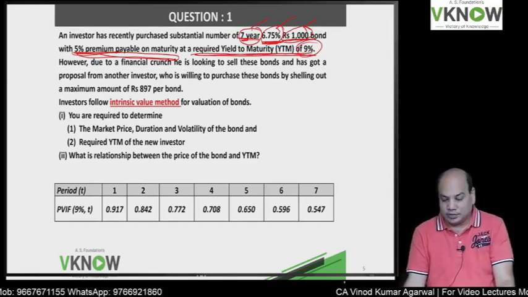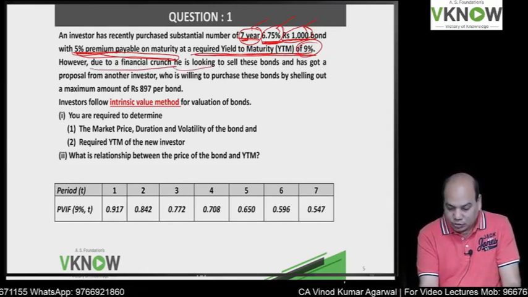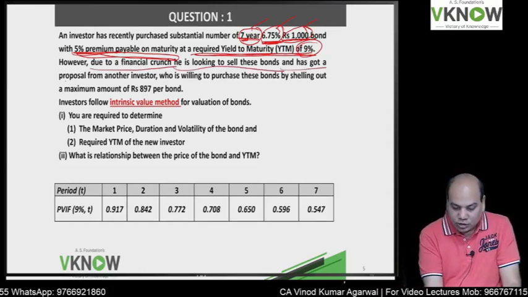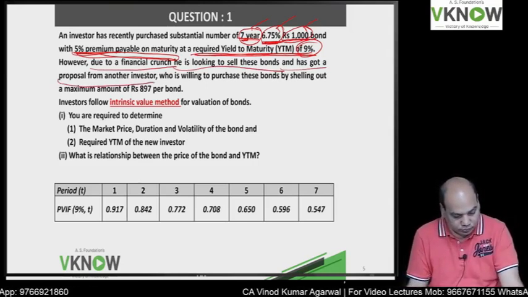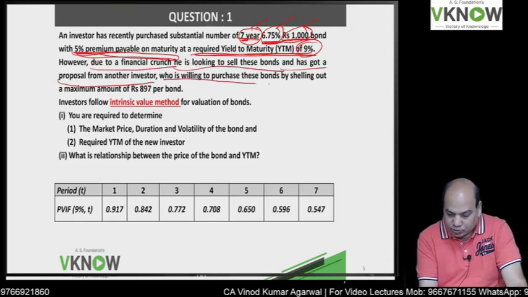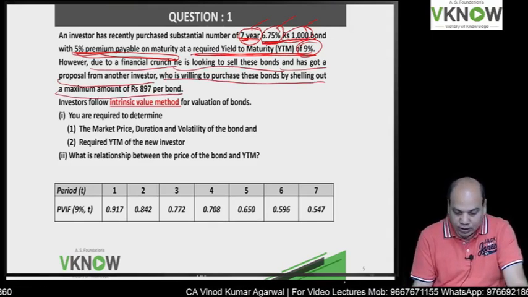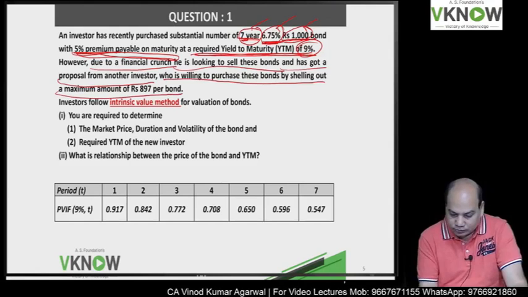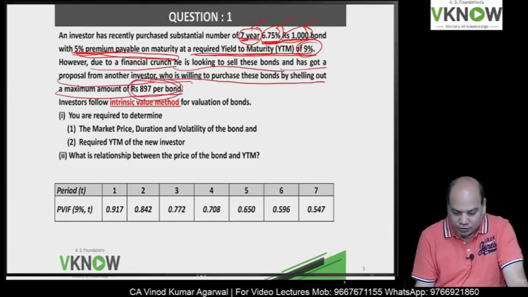YTM is 9%. However, due to a financial crunch, he is looking to sell this bond and has got a proposal from another investor who is willing to purchase these bonds by shelling out a maximum amount of 897 per bond. So he is planning to sell this bond for 897 today.